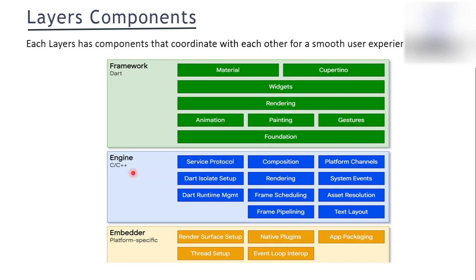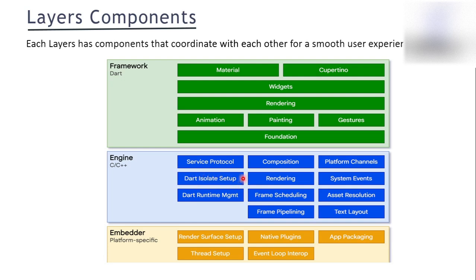Now the engine layer is the core of Flutter. All the components of the Flutter framework are written in the Dart language, and the second layer, the engine layer, is written in C++, and it is the core of Flutter.